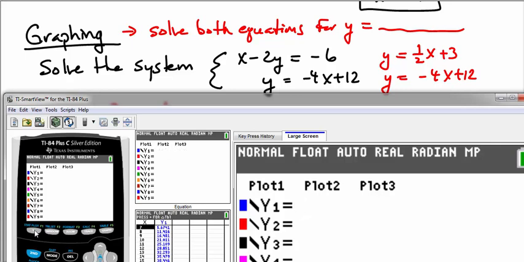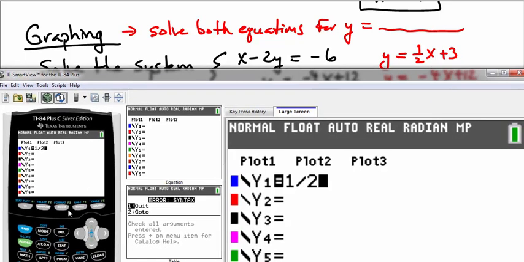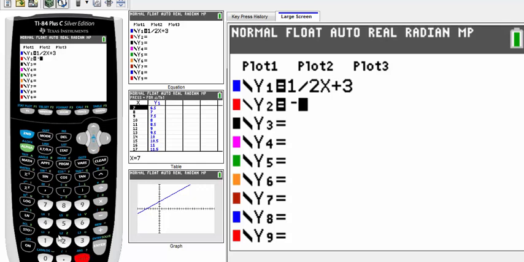So my first one is y equals 1/2 x plus 3. Now my second equation was negative 4x plus 12.